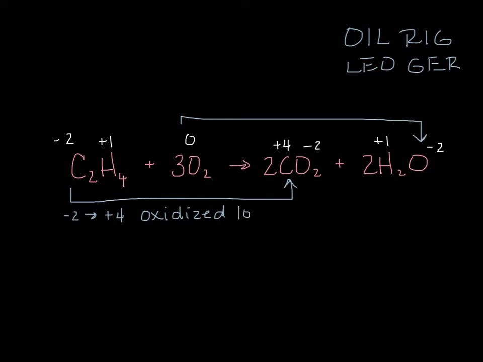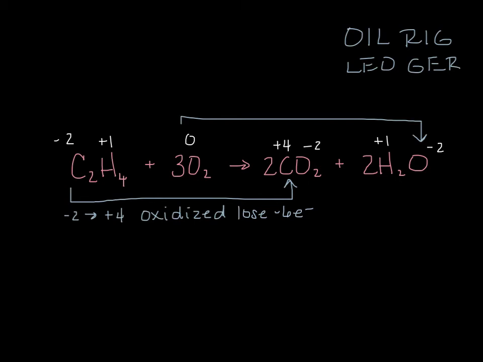So going from -2 to +4, it's lost 6 electrons. And again, I know to go from a -2 to a +4, I must have gotten rid of negative charges. So I must have lost some electrons.